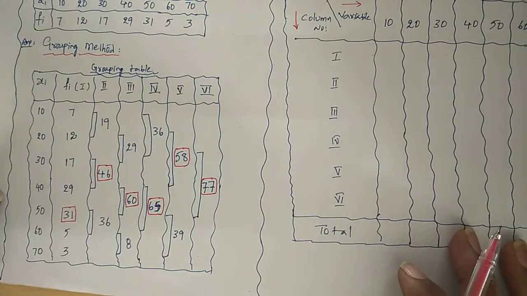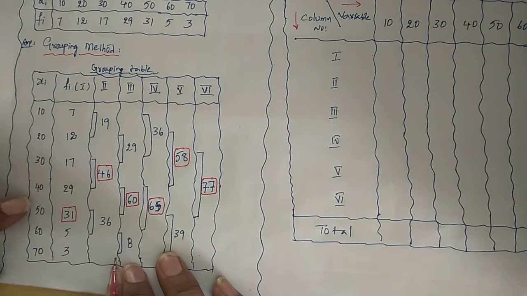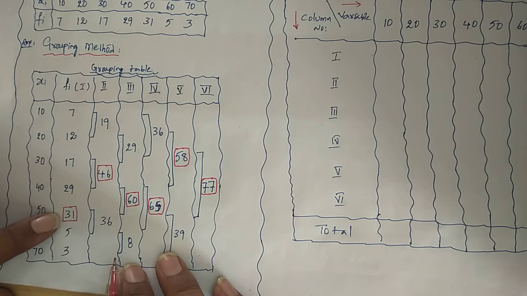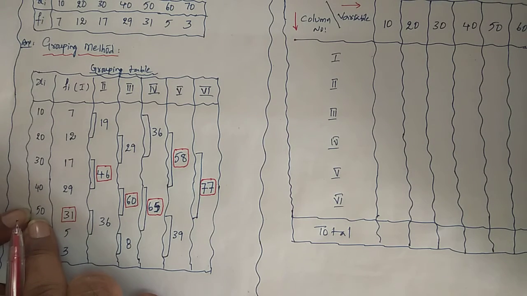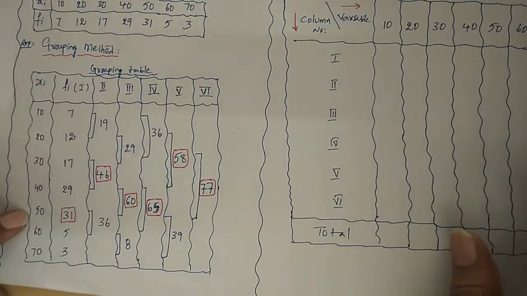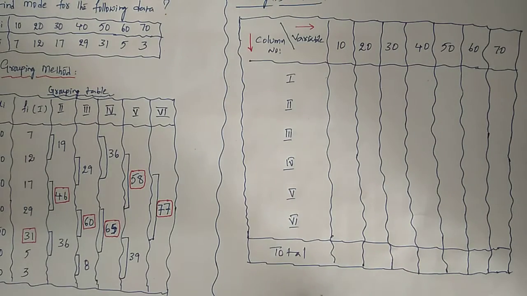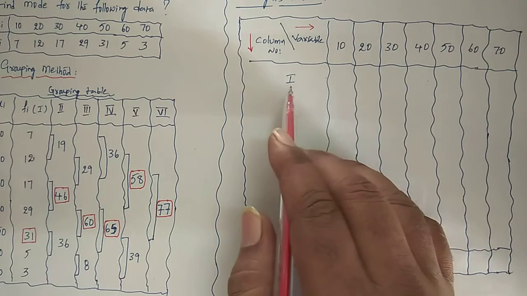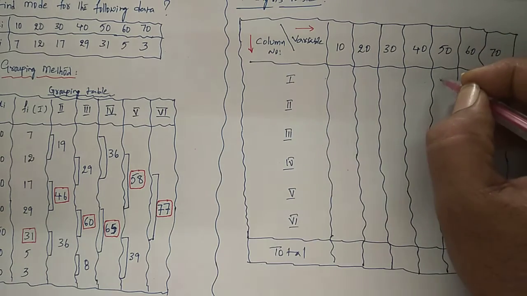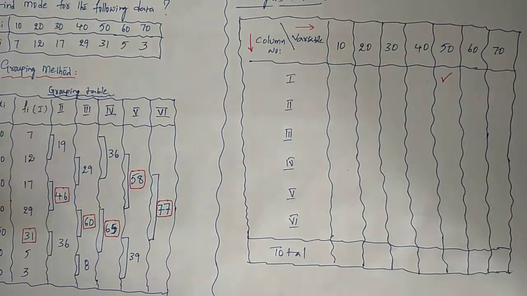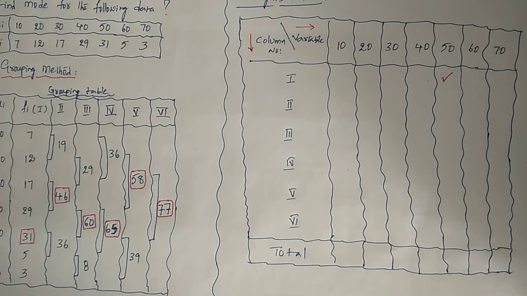Now, in the grouping table, what is the highest frequency? 31. That 31 represents which variable value? 50. Now come back to here. Wherever 50 is there, quite opposite to that column, I am putting a single tick. So everything is based upon counting of the ticks here.